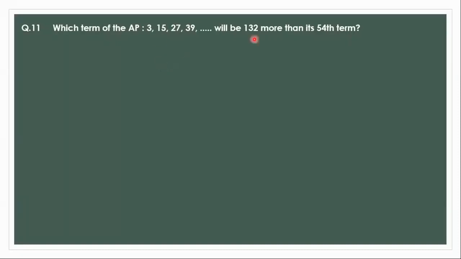This term will be 132 more than the 54th term. So what is the 54th term? 639. An is equal to A54 plus 132, right, children? Is it clear to you? The 54th term plus the value 132. Am I clear?